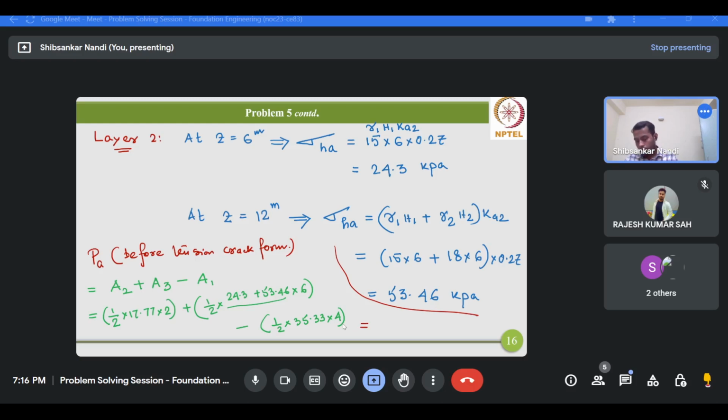So first of all, I think it will be 17.77 plus... how much are you getting? I am getting something like 180.48 kilonewton per meter.